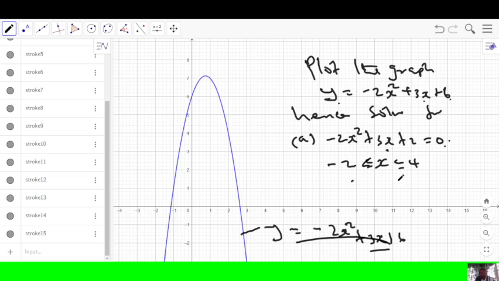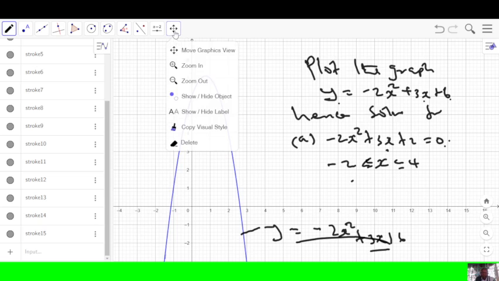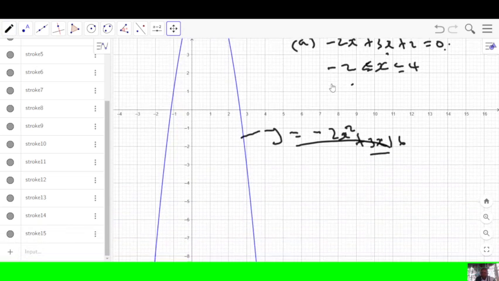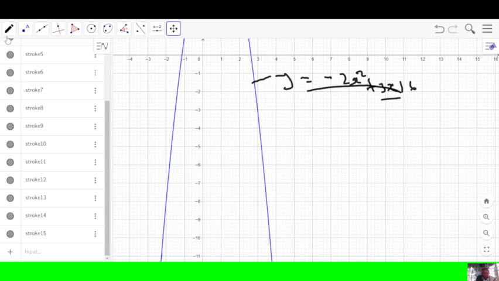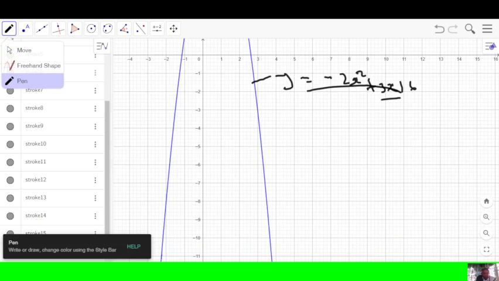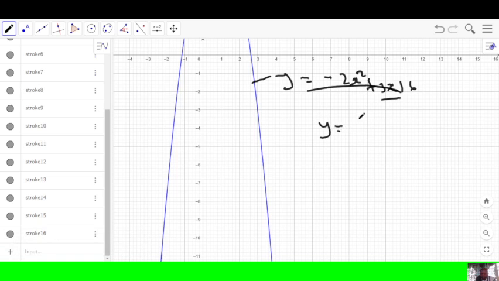Now what we need to do in this equation first is to see their relationship. The first equation was y equals to negative 2x squared plus 3x plus 6.